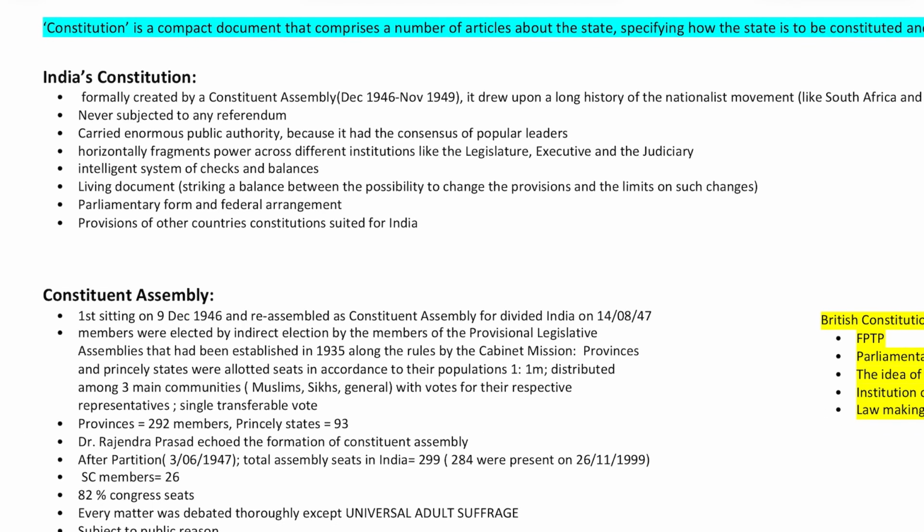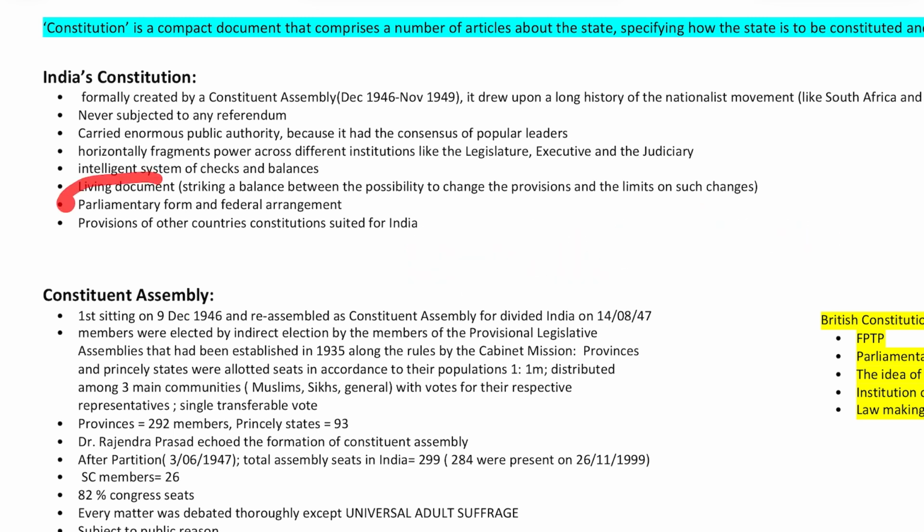So it was never subjected to any referendum. It carried enormous public authority because it had the consensus of the popular leaders. It horizontally fragments power across different institutions like the legislative, executive, and judiciary. So this is separation of powers.